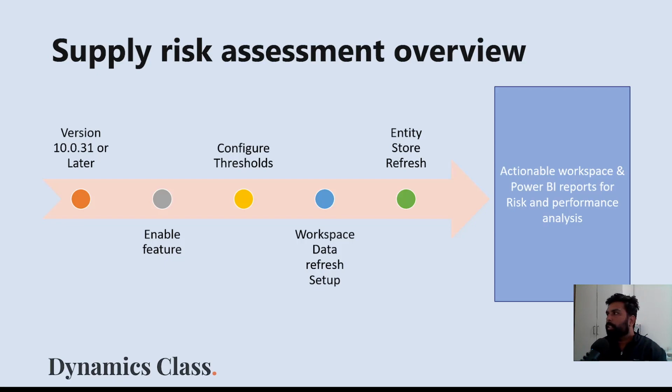Once we complete all these things and once we perform the transactions in Microsoft Dynamics 365, it is going to give us different actionable workspaces where we can make quick decisions based on the data available in the system, and also different Power BI reports which help us in risk and performance analysis of our suppliers, the products and the upcoming deliveries.